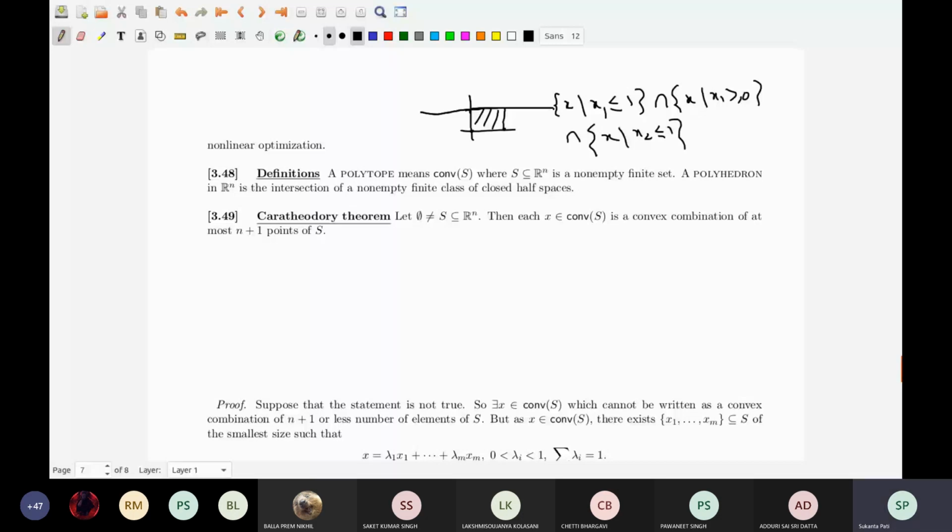Intersection the set of all x such that x2 greater than or equal to 0. So you can write our favorite set as the intersection of 4 closed half spaces, and that's why our favorite set is also a polyhedron. It's a polytope, it is a polyhedron.